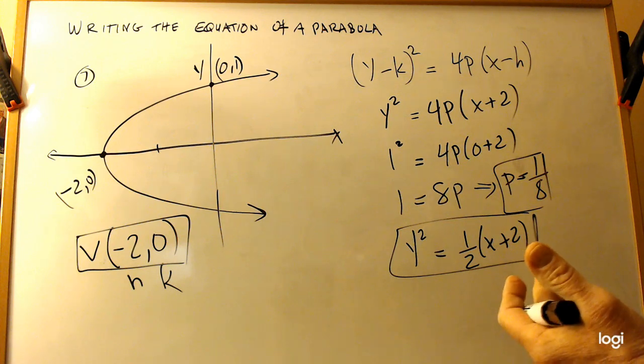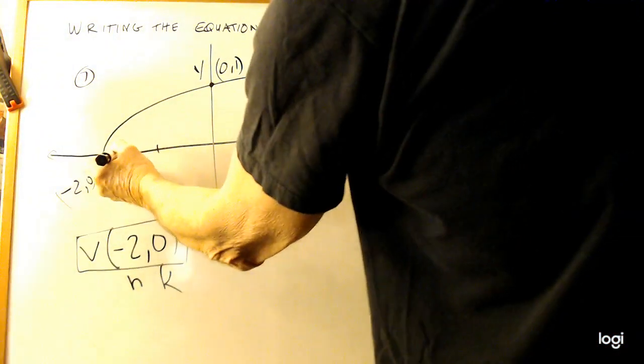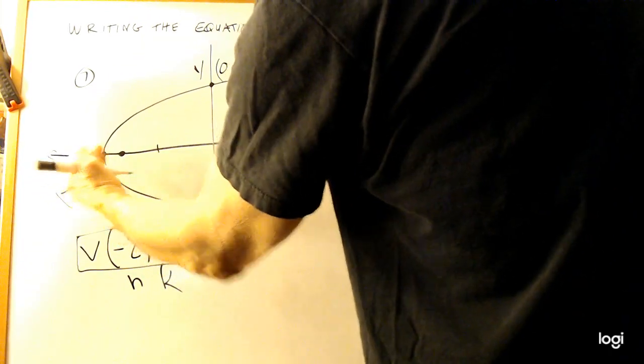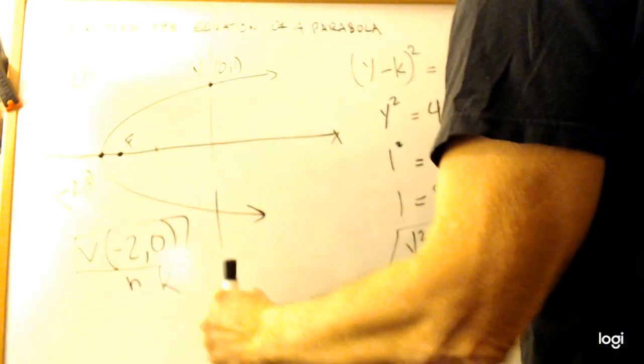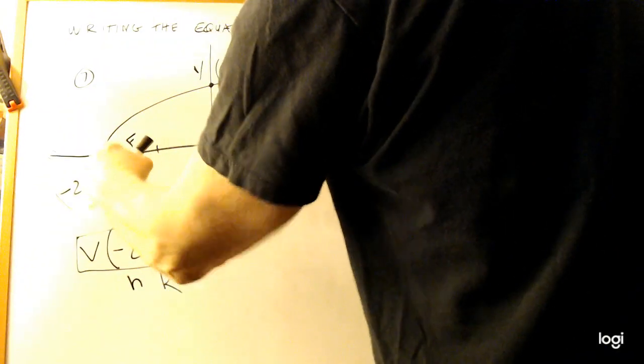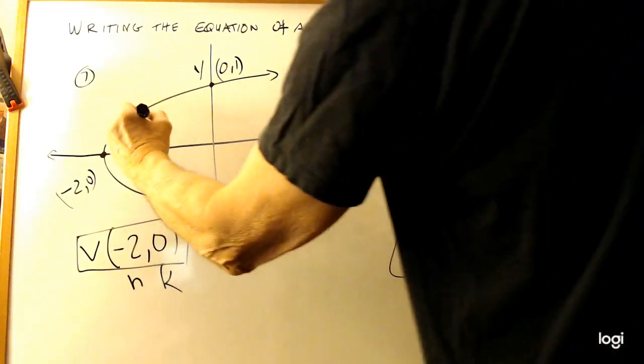And then a few other things we had to get. We had to get the focus. So the focus we know is p units inside. The y is not going to be changed, so for the x, we're coming in 1/8 of a unit this way, so negative 1 7/8 would be the coordinates of the focus.